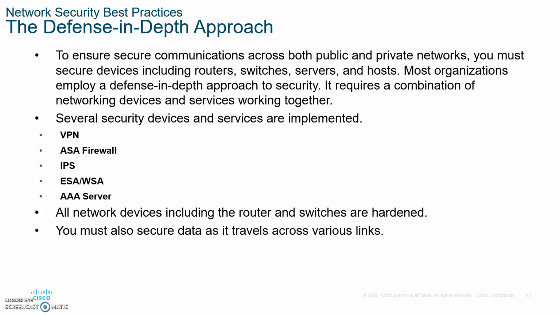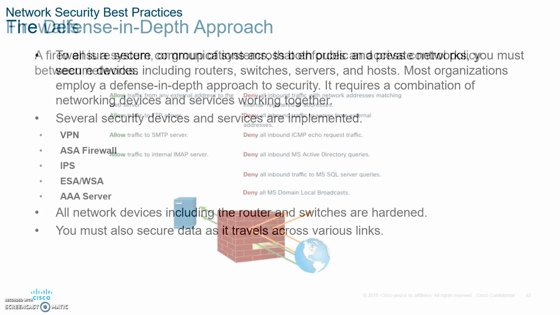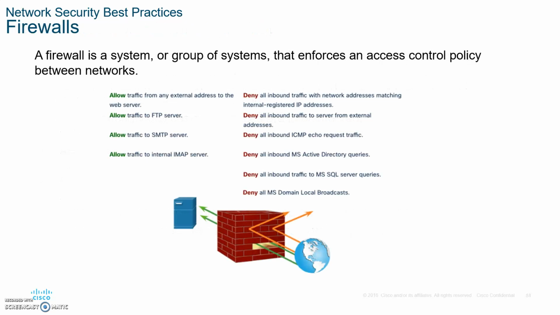All right, to be able to do that, you want to use a defense in depth approach. The defense in depth approach will include, write these down, VPNs, ASA firewalls, IPSs, ESA, WSA, and the AAA servers. Okay? Another thing, you need to harden the routers and the switches and secure data as it traverses over the network. What I mean by that is, of course, having a firewall.